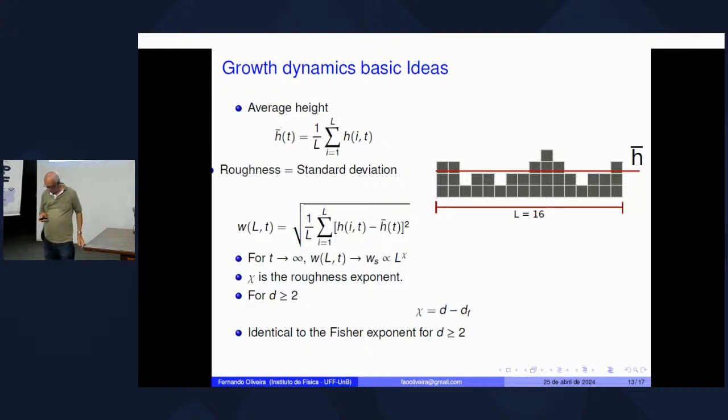We have a lot of properties of this standard deviation, but one of them that I wanted to call attention to here is that when the time is very large, most of the system converges to a saturation value, which is proportional to the size L, again another power law, to the exponent here, okay?